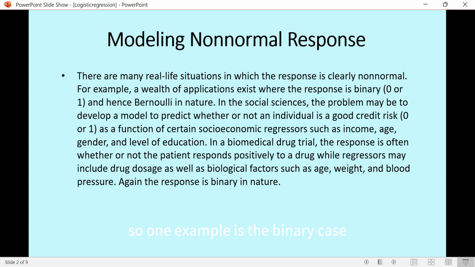One example is the binary case. For example, in the Bernoulli process, we get the results 0 or 1, success or fail. We only get these discrete random results. So how do we model these kinds of responses?